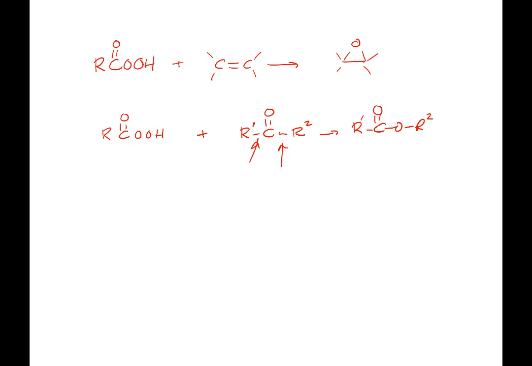And I know to make an ester, because we went back to the esters experiment this week in lab, I've got several options, one of which is Fischer esterification, where I take a carboxylic acid, react an alcohol with the carboxylic acid with an acid catalyst, Fischer esterification, make the ester.